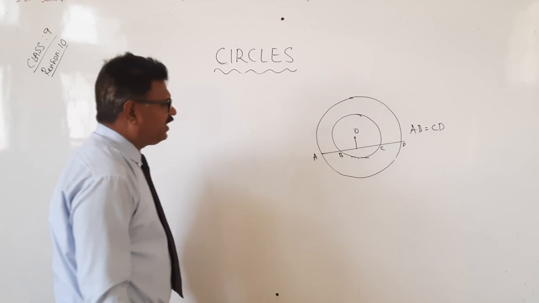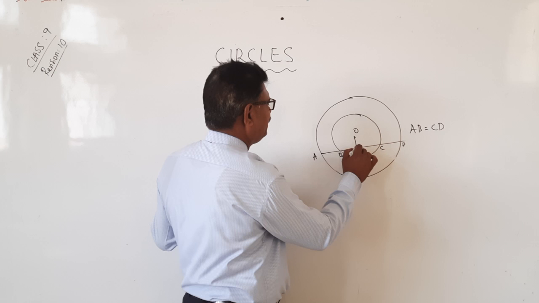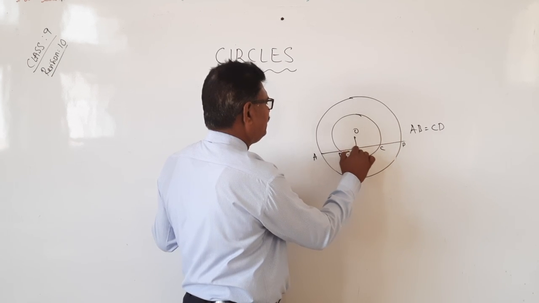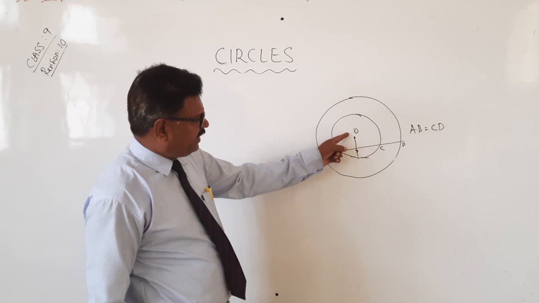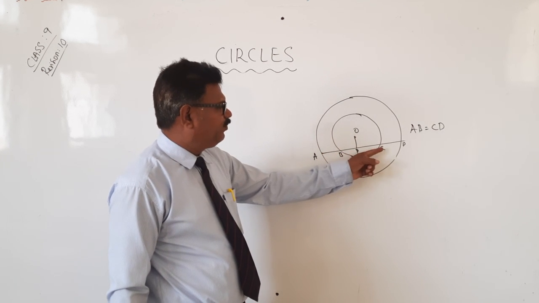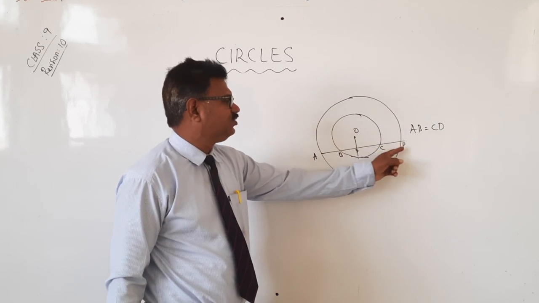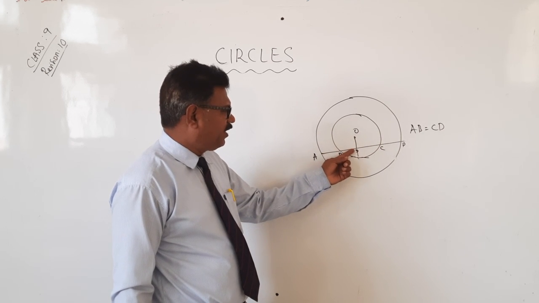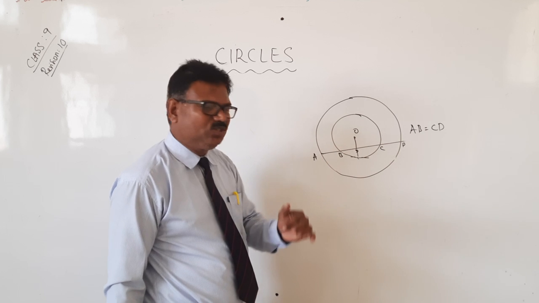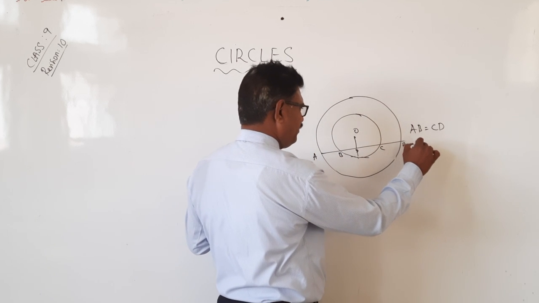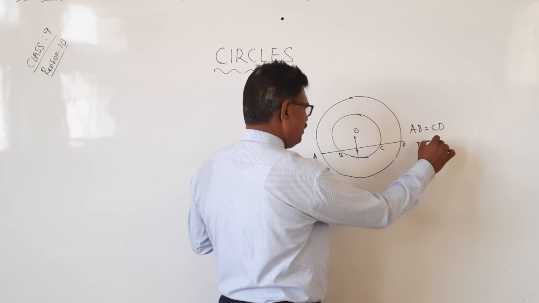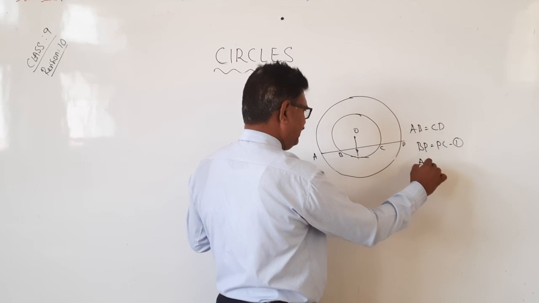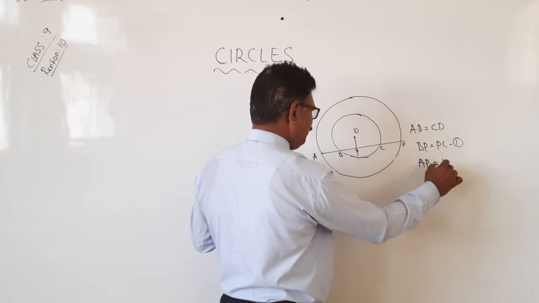Now for that what I am doing is, draw OP perpendicular to BC also and AD also. Then we know that since it is a perpendicular, it will divide the chord into two equal parts. Therefore, BP equal to PC. This is the first one. And the second one is AP equal to PD.